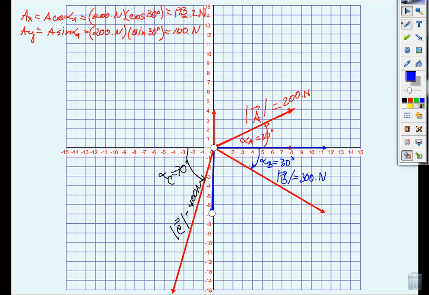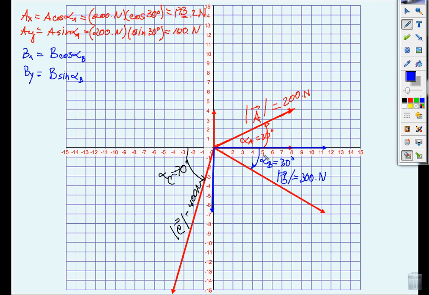Applying the same formula, we're going to say that we have Bx and By. Now for the horizontal component, we're going to have B cosine of alpha, the reference angle for B, and this is B sine of the reference angle.